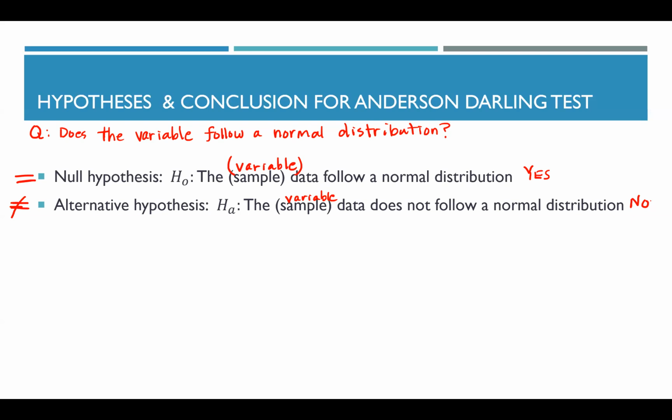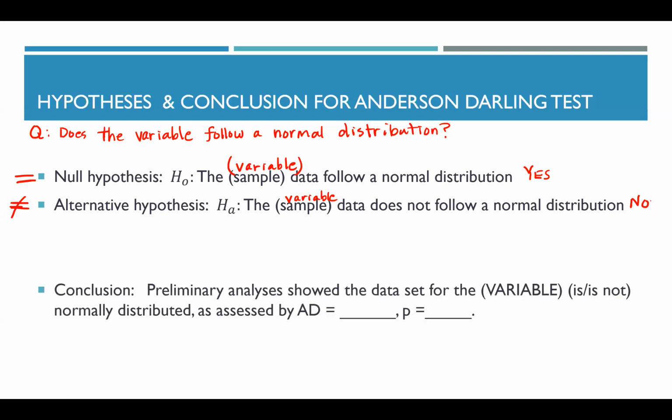The phrasing of the conclusion is very specific as well. The intermediate steps of getting your data are going to be the same as well. But our null hypothesis will always be that it follows a normal distribution, and the alternative will be that it does not follow.